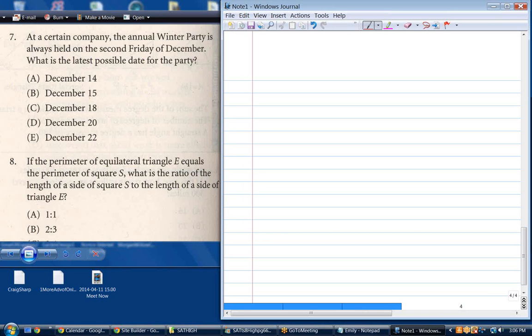What's 2 weeks prior to the 15th? The first? So that would make it the third Friday. Okay, so it has to be 14.